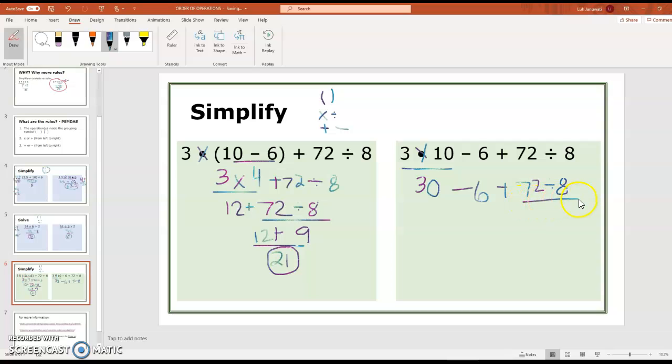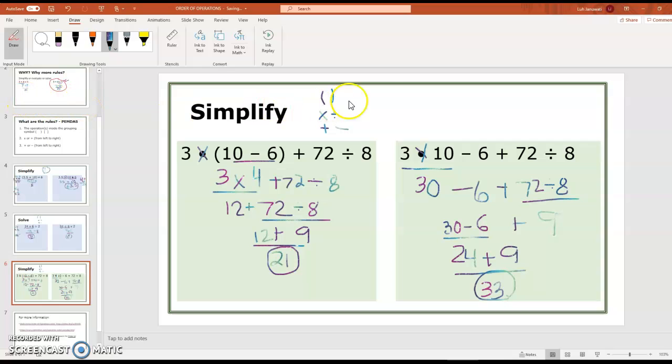Divide first, and remember to underline it, write your answer, and then rewrite the whole equation again. Right? Now you have subtraction and addition. What do you do? Subtraction. 24 plus 9 is 33. And you're done.